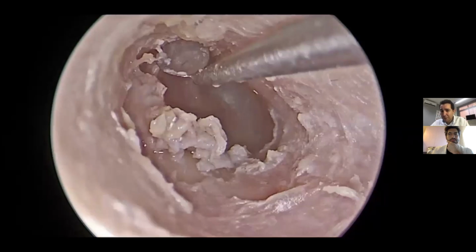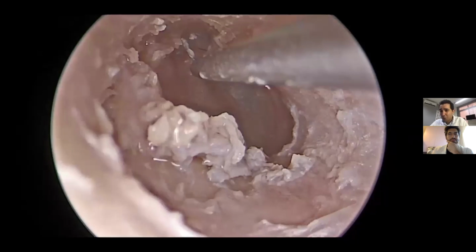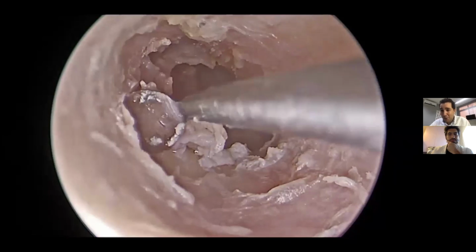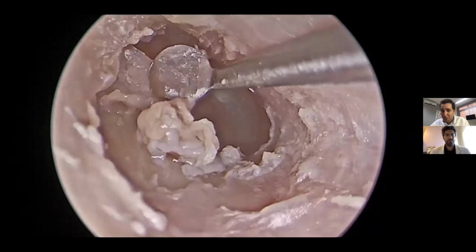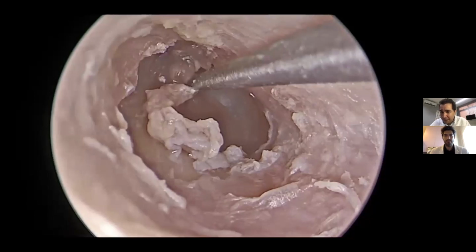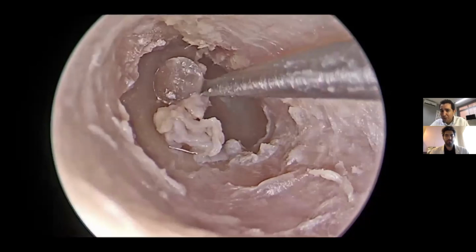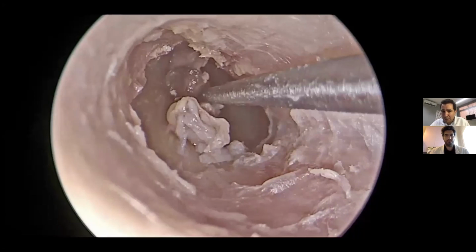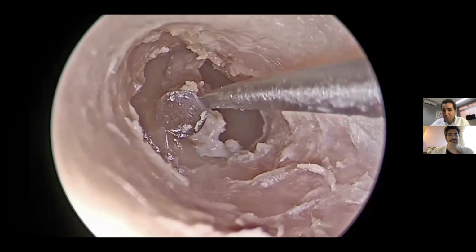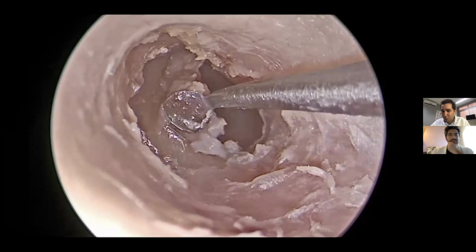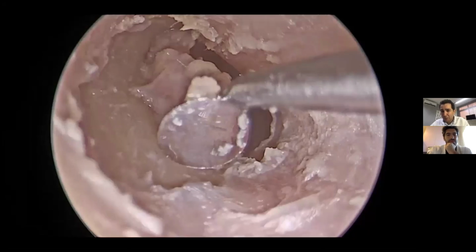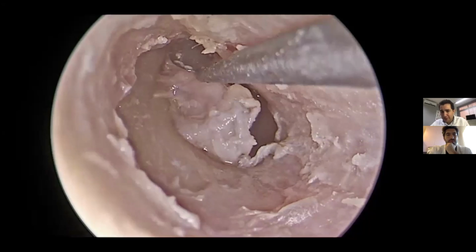So this is one of the most important parts of the dissection, because actually probably the whole dissection is elevating the tympanomeatal flap, because the other parts of the dissection are more contemplating the anatomy of the middle ear and removing some stuff like that. So you go all the way here to the annulus, and with the endoscope, with this close view, it's very good because you can really see some important structures such as the annulus.